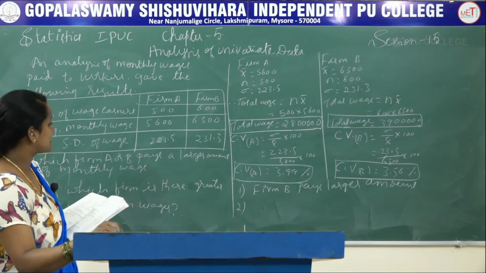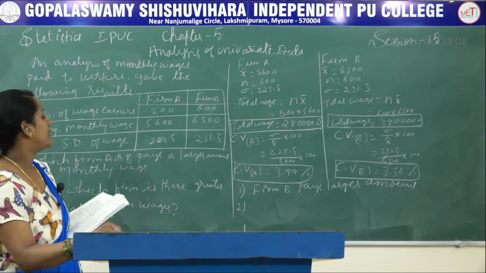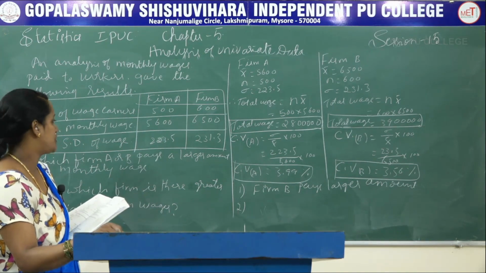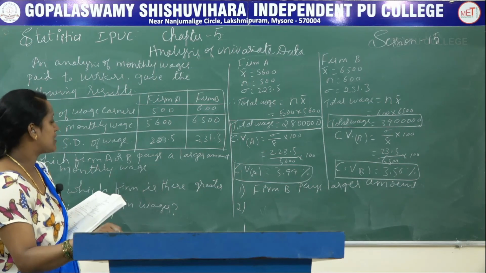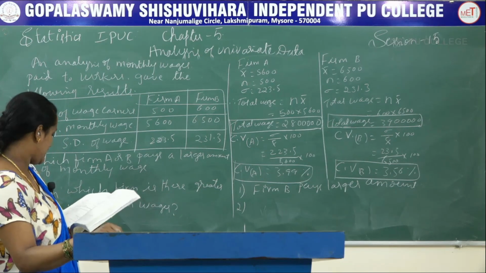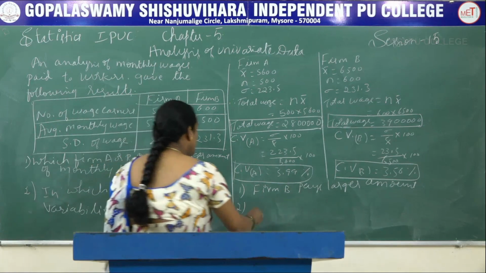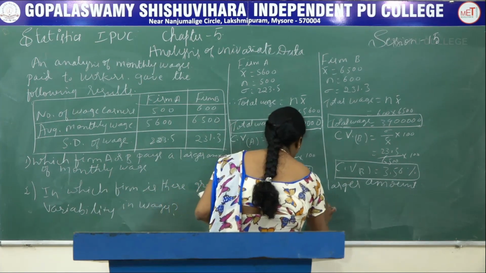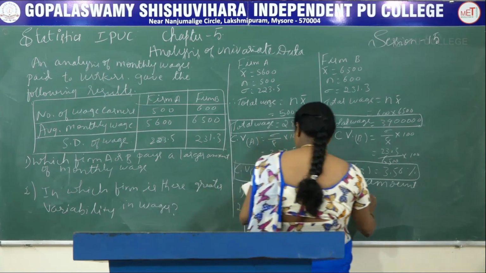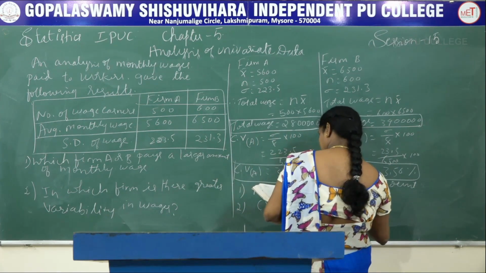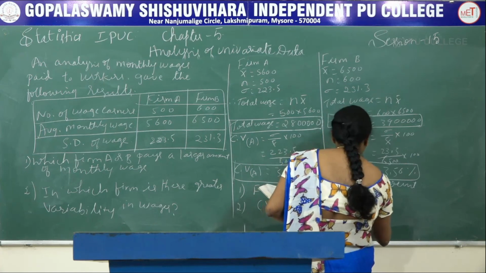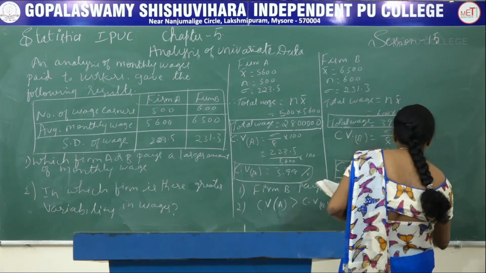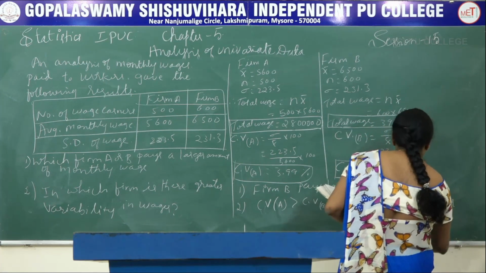While we are seeing the variability, we have to check the CV, that is coefficient of variation. Which firm is having more CV is having more variability. Here CV of A is greater than CV of B. Therefore, firm A has greater variability.